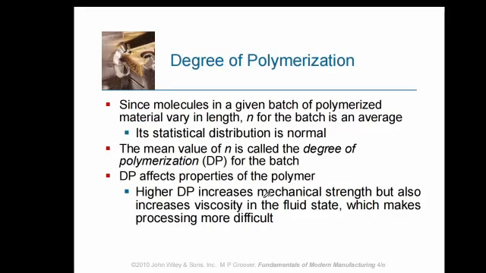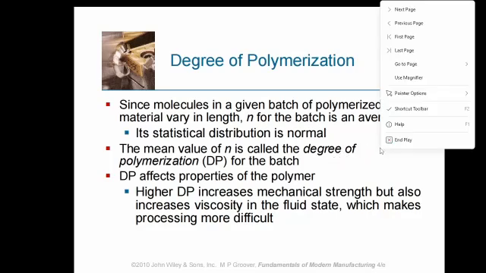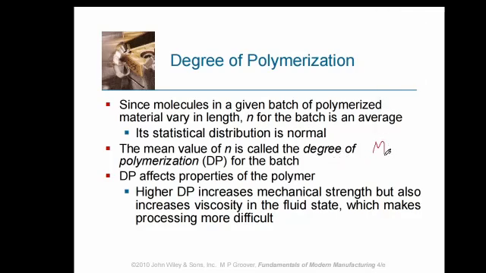Then we also talked about the degree of polymerization, where we said the DP, or degree of polymerization, is a ratio between the molecular weight of the polymer versus the molecular weight of the monomer.